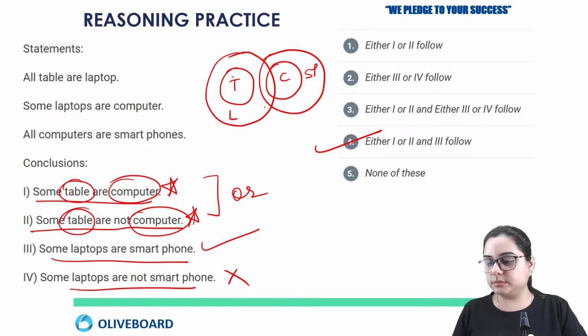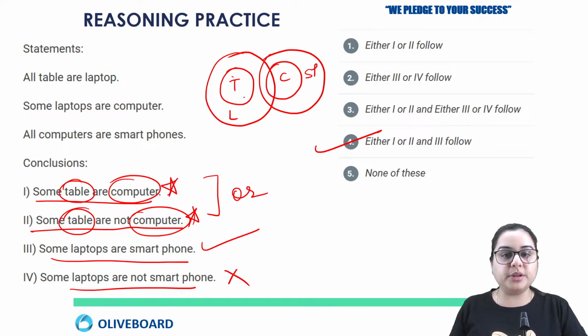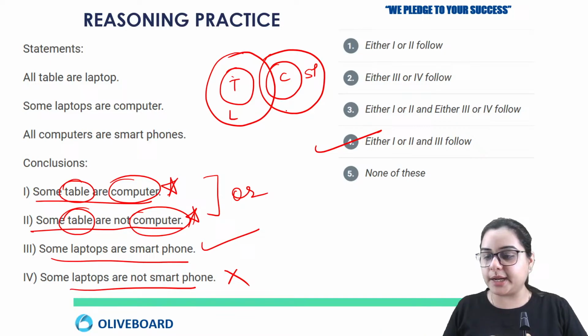Why is the third true? Now just see, some laptops are smartphones. If all computers are smartphones and computers have a relation of "some" with laptops, then smartphones will also have a relation of "some" with laptops. That's the reason the third one is true.